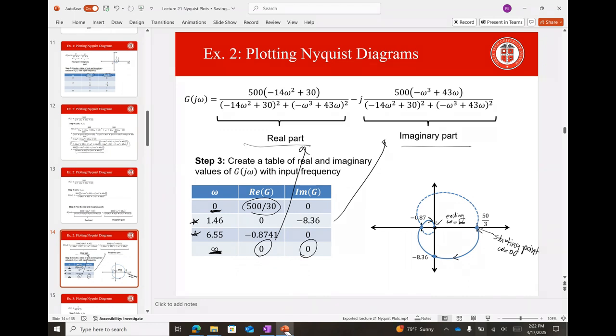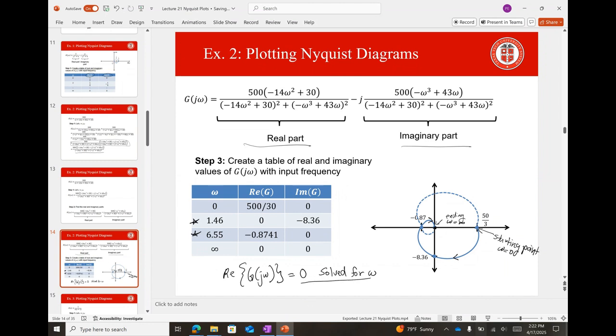There is a very strategic way to get these middle 2 points, and that's by fixing the real part of g of j omega. Suppose we fixed it to 0 and we solved for omega, and then we took that omega and plugged it into the imaginary part of g of j omega.